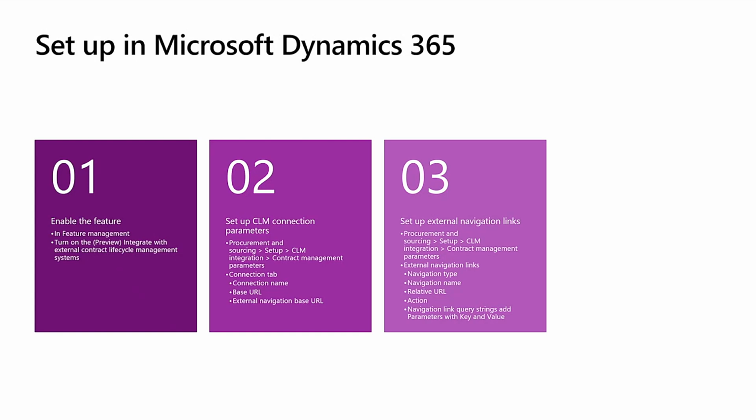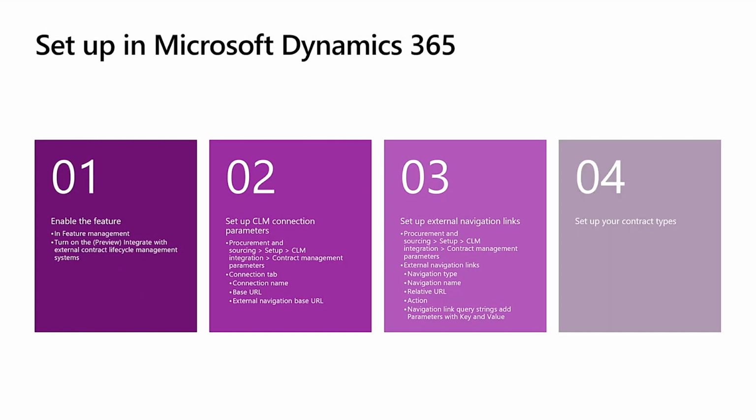Set up external navigation links to facilitate navigation between Microsoft Dynamics and your CLM system. For example, you can create a new contract or navigate to an existing contract from finance and operations or from the CLM system. And then set up your contract types to define the different contract types you will be using. It can be done in Microsoft Dynamics 365, but we recommend setting it up in your CLM systems.